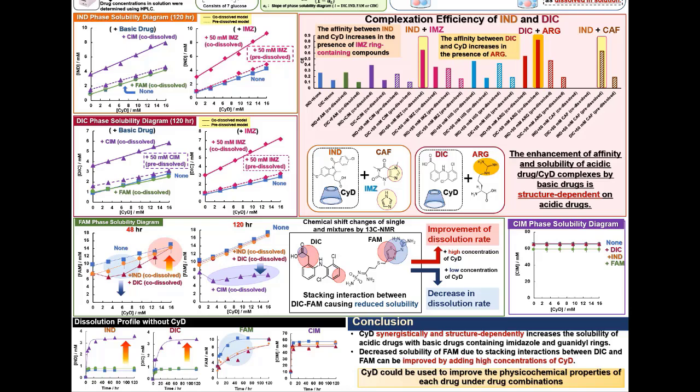Improvement of solubility of famotidine even in the presence of diclofenac at the high concentration of CYD suggests that high concentration of CYD improves the dissolution rate of each drug by separating the interaction between famotidine and diclofenac.